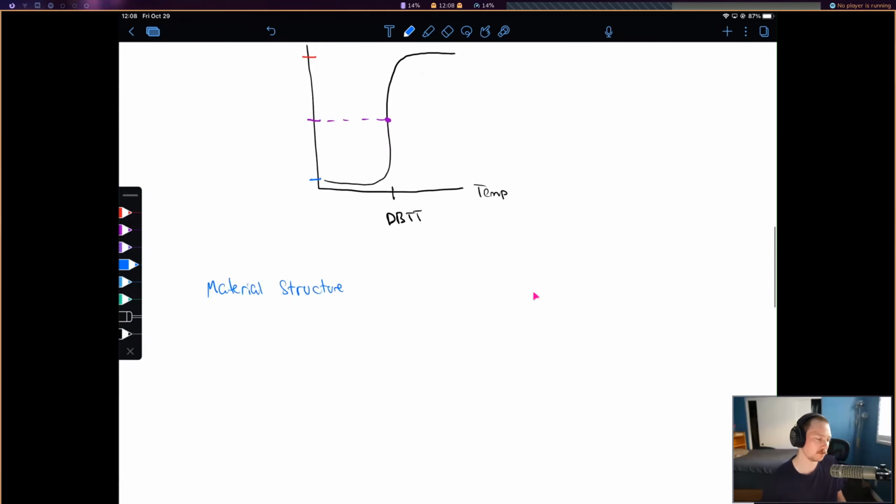All right, so the first one we're going to talk about is a face-centered cubic material. That'll be something like copper or aluminum. So for us, we're using aluminum in the lab. Okay, so for this, there's going to be a very small decrease in toughness as the temperature is decreased.